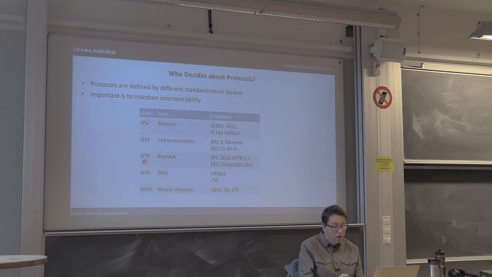The Internet Engineering Task Force, IETF, is responsible for TCP, IP, and all these protocols, so HTTP, DNS, and so forth. IEEE takes care of typically lower layer protocols like Ethernet, Wi-Fi. ITU takes care of some more different things, everything from MPEG-4, a video encoding format, to how ADSL works.